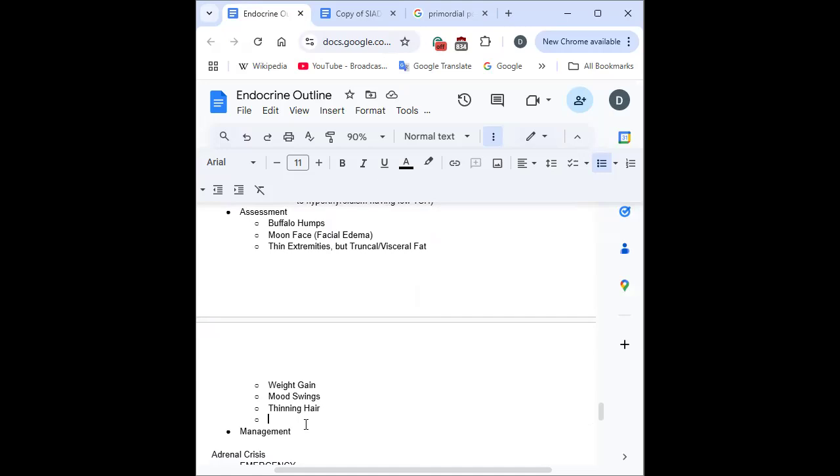What other things can you guys think of that could present in a person with Cushing disease or syndrome? Oh yeah, we mentioned some muscle weakness.